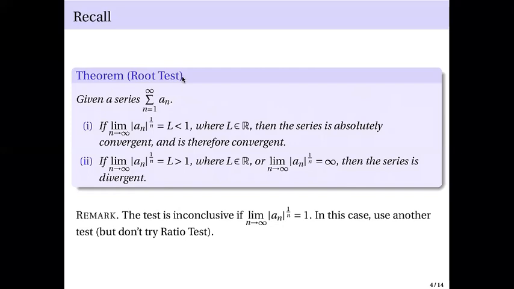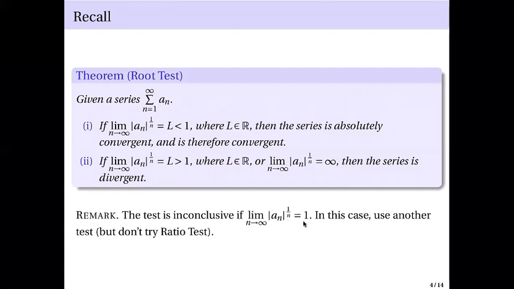So notice, this is very similar to the ratio test. And again, you compare the limits with 1. So either less than 1, in that case, you have an absolutely convergent series. And then greater than 1, in that case, the series is divergent.